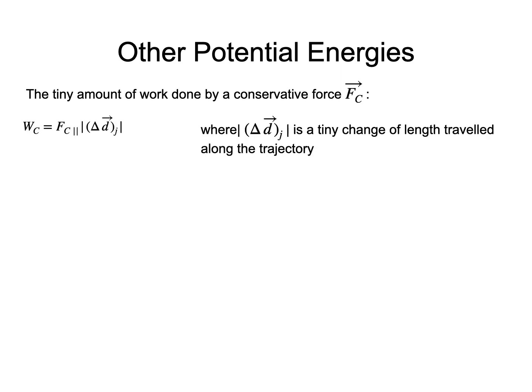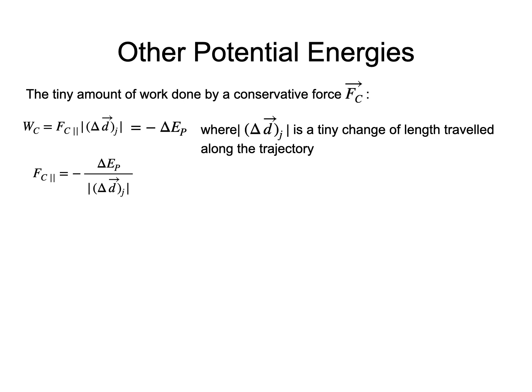Essentially, if a force is conservative, there exists a scalar potential energy term EP such that the tiny amount of work done over a tiny displacement delta dj must be equal to minus delta EP. Isolating for the tangential component of the force gives this relationship.